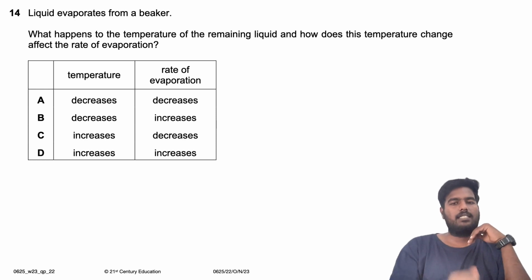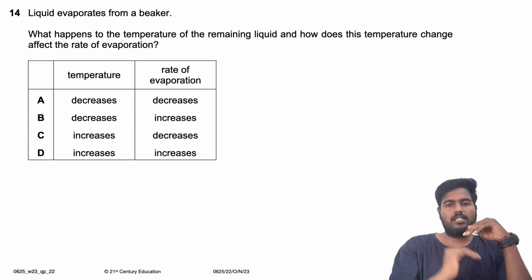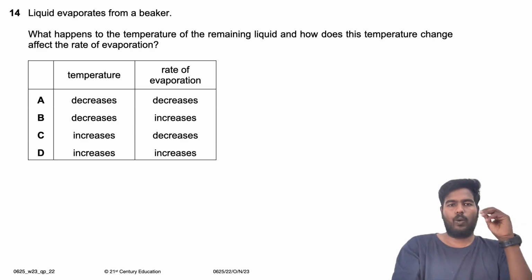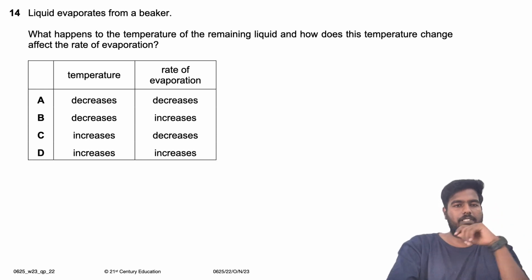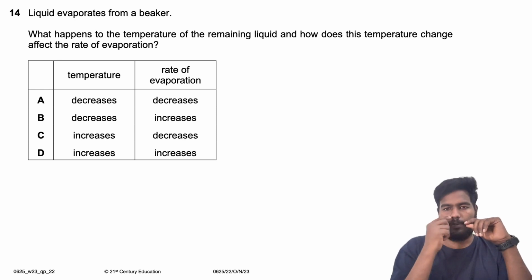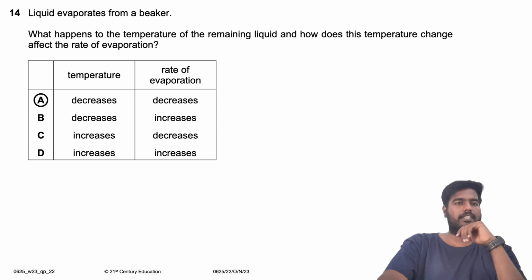The rate of evaporation depends on the difference between the environment temperature and the liquid temperature. If the difference is great, it will evaporate faster. If it is very small, it will evaporate slower. So the temperature will decrease, and since the temperature decreases, the difference in temperature between the environment and the liquid also decreases. So the rate of evaporation will also decrease. So option A is the right answer.